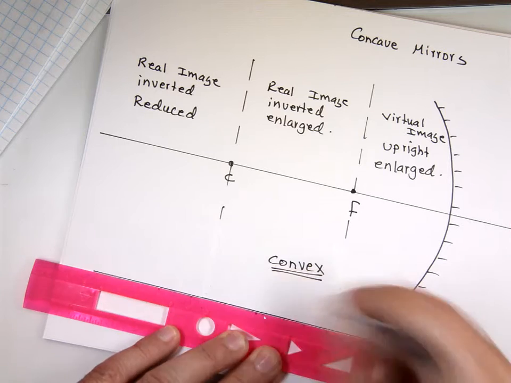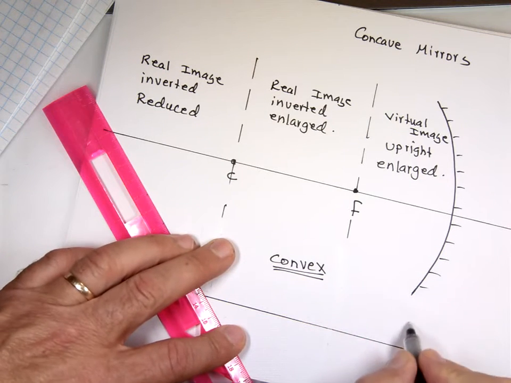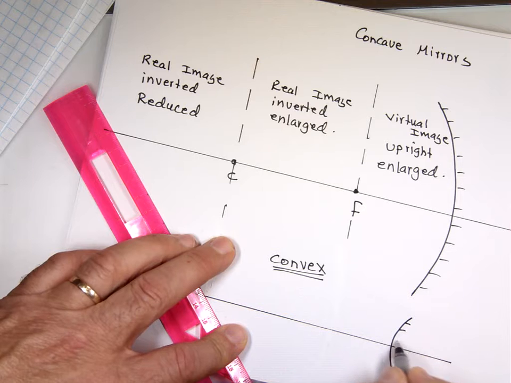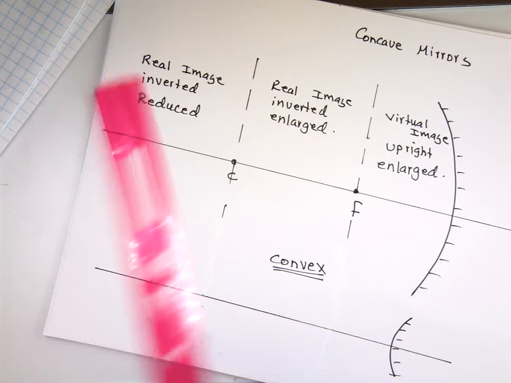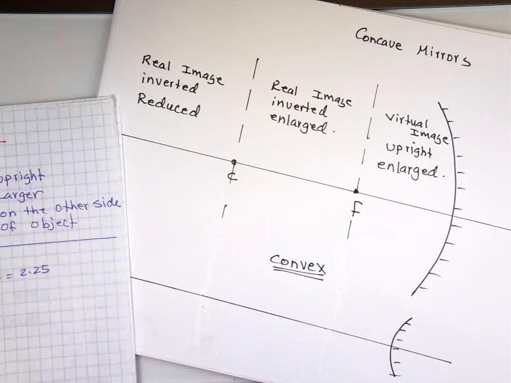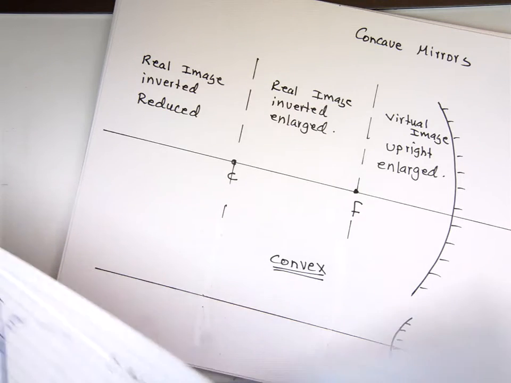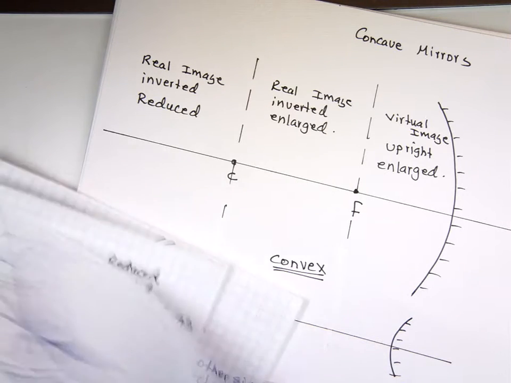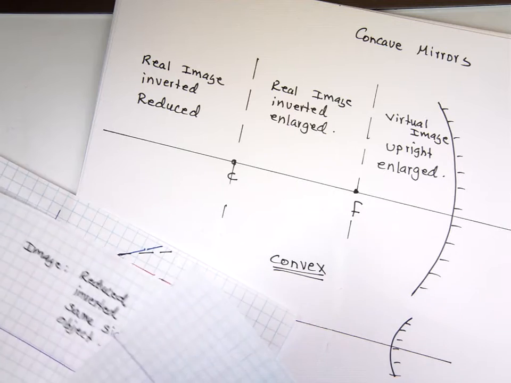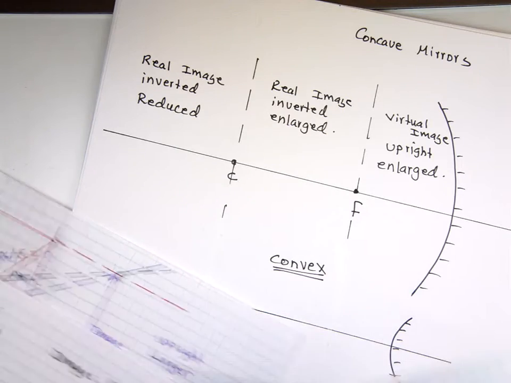Convex, the mirror looks like this. And it doesn't matter where you put the object, it's always going to be the same. I have these cases, where are they? Right here.